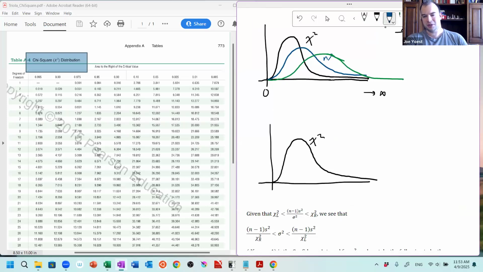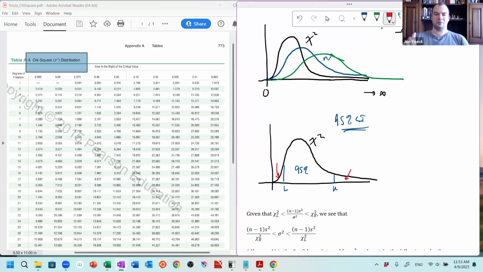But I can impose a similar symmetry constraint. Let's say that I'm dealing with a 95% confidence interval. I can make an upper bound and a lower bound with 95% in the middle. There's lots of ways I can do that, but to impose symmetry, I'll impose it such that the area in the two tails is the same.